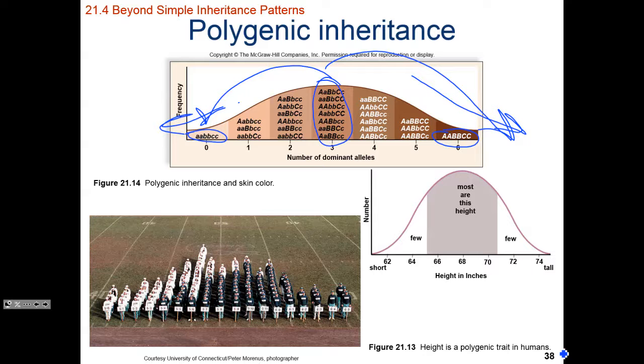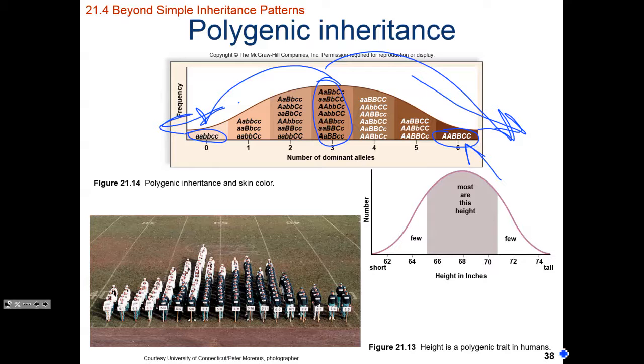Now, if we had 2 black-skinned parents reproducing with each other, so each parent is homozygous dominant for all 3 alleles, what is their child going to be? The same allele type.